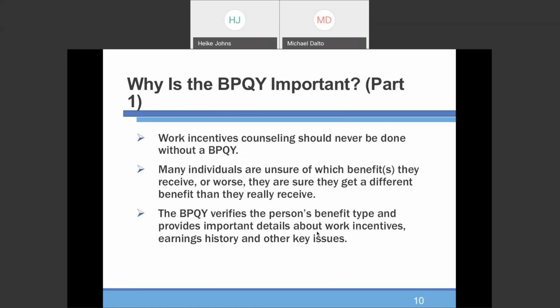As a general rule, you should never provide work incentives counseling unless you've got a BPQY, because the information on the BPQY can be really vital in identifying which benefits a person gets, the status of their payments, if they're getting payments, their work incentive history and use, and information about earnings history.